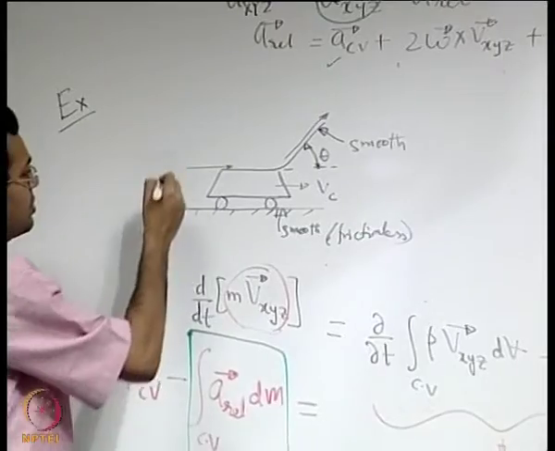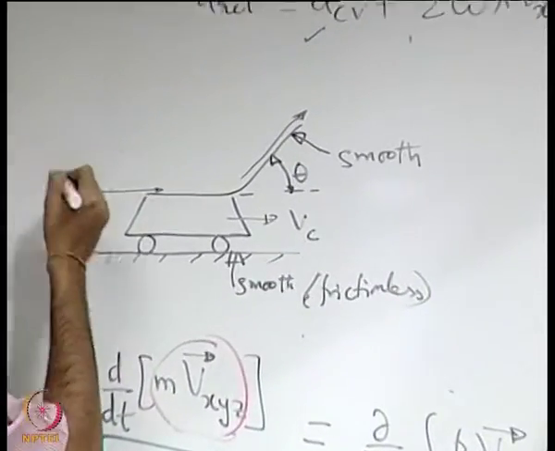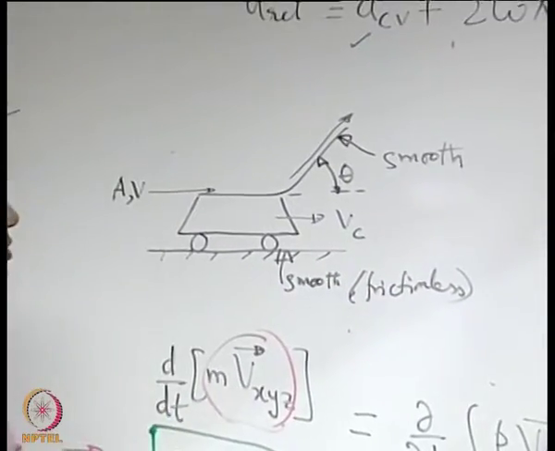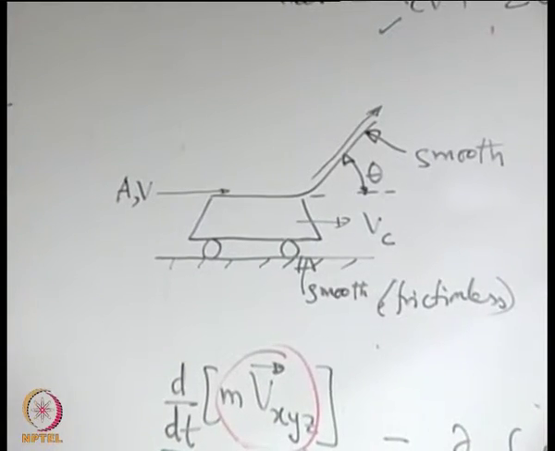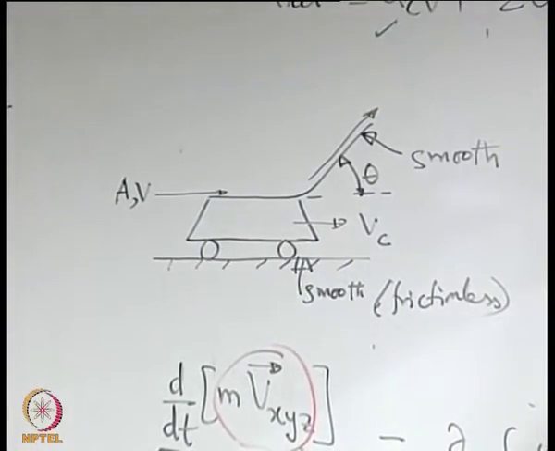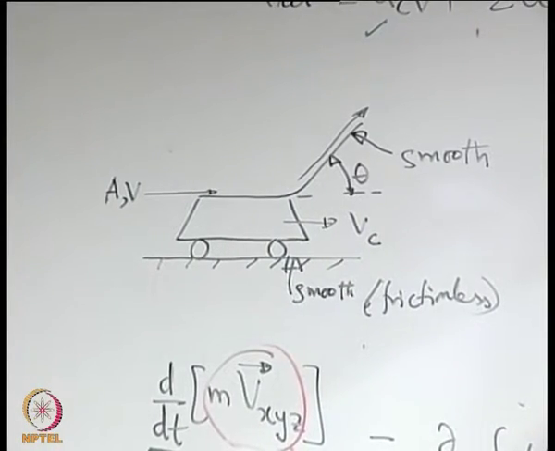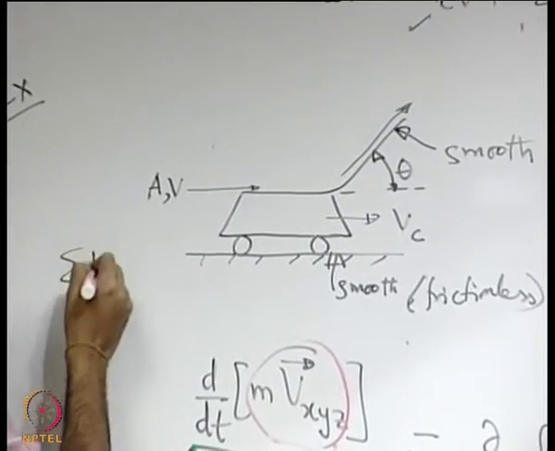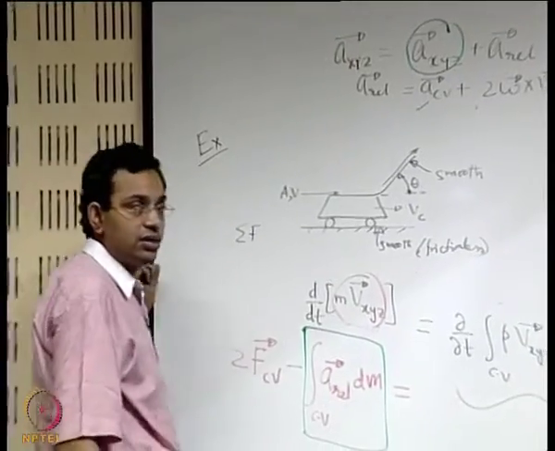The water jet comes out from an area A with a velocity V, and it gets deflected like this, and we are interested to find out what is the resultant force exerted by the water on the cart.